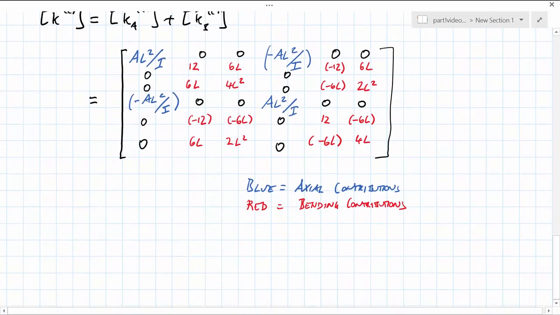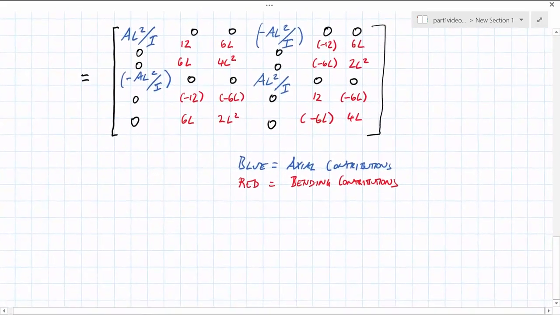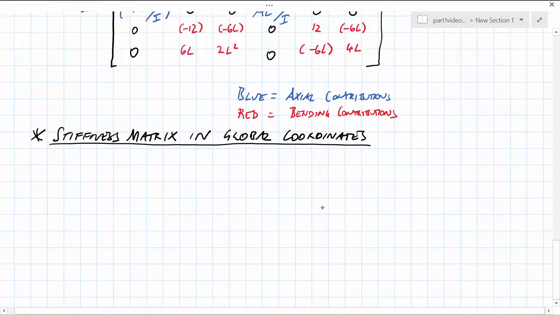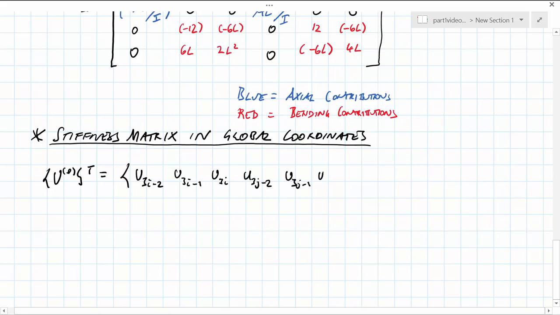The next step then is to transform this matrix into global coordinates. In the global coordinate system, each element has the following global degrees of freedom. UE transpose is equal to U3I minus 2, U3I minus 1, U3I, U3J minus 2, U3J minus 1, U3J.